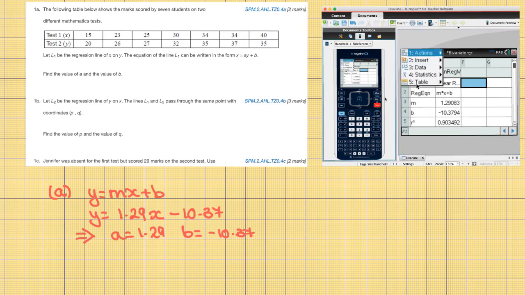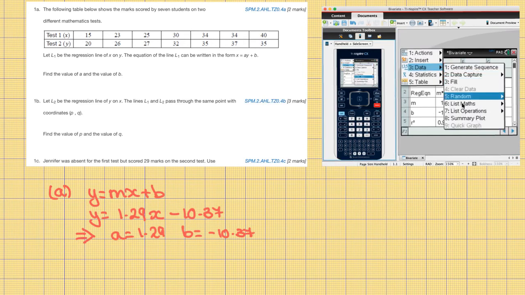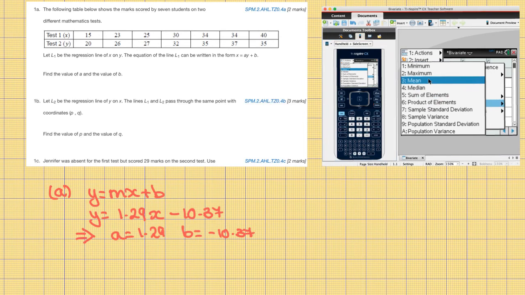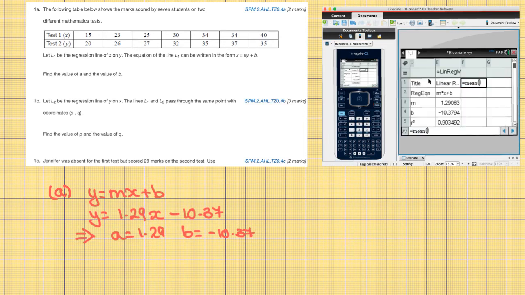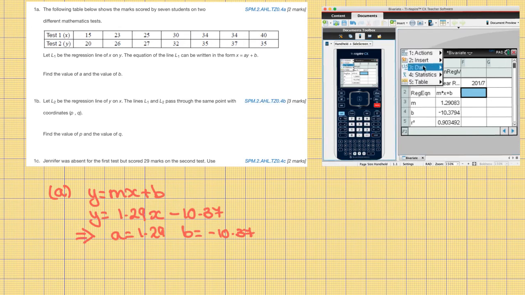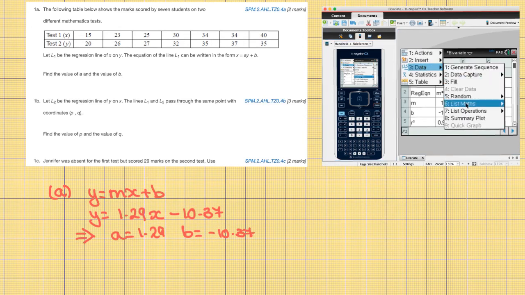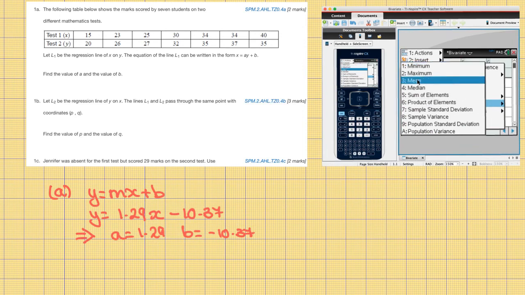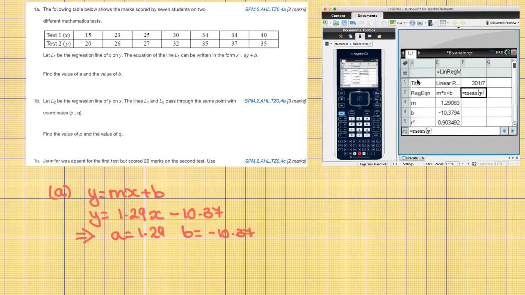So menu, data, list maths, mean, and just type in x, enter, and so the mean of x is 201 divided by 7. Now do the same for y. So menu, data, list maths, you want the mean of y, enter, so the mean of y is 212 divided by 7.